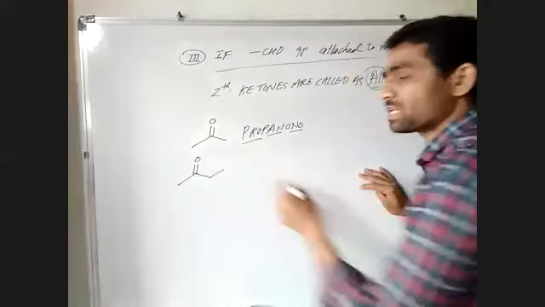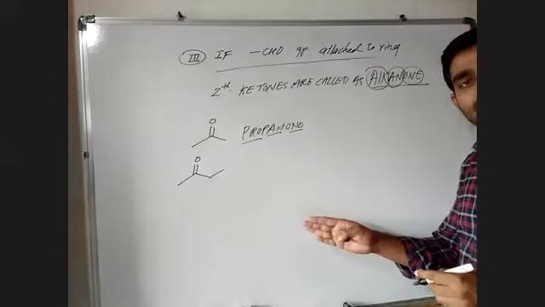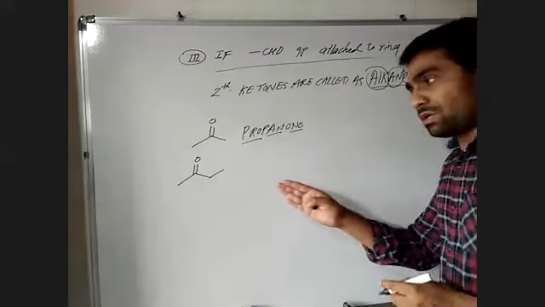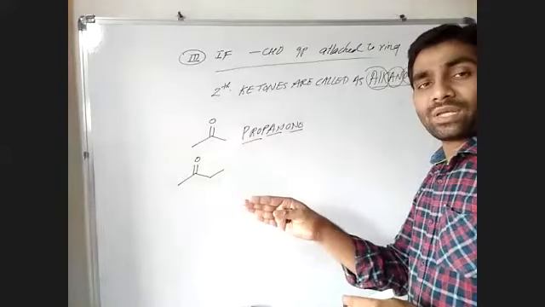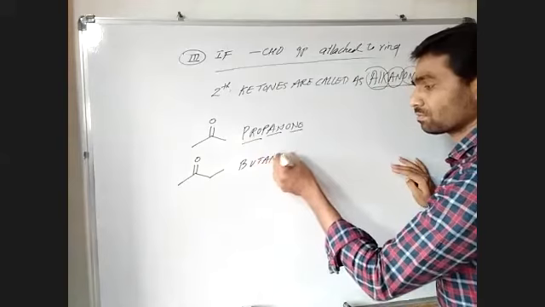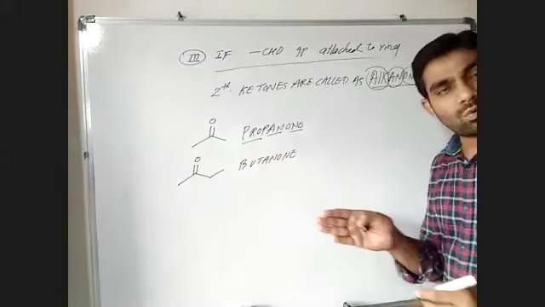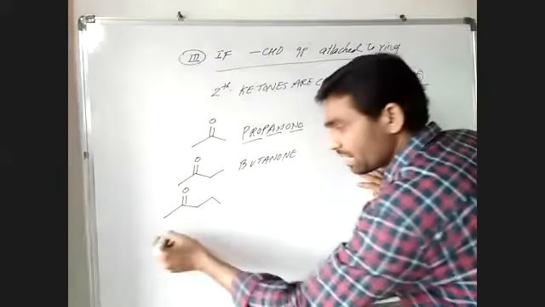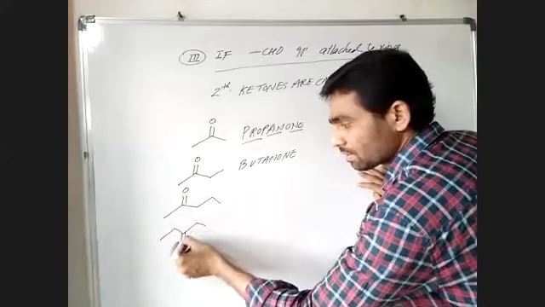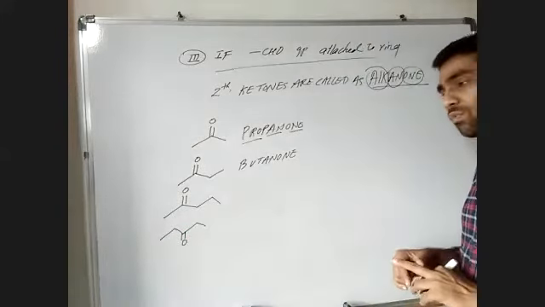Yes, what will you say for this? Here no need of numbering. Here also no need of numbering. Butanone. What will you say for this? Yes. What is your answer now?